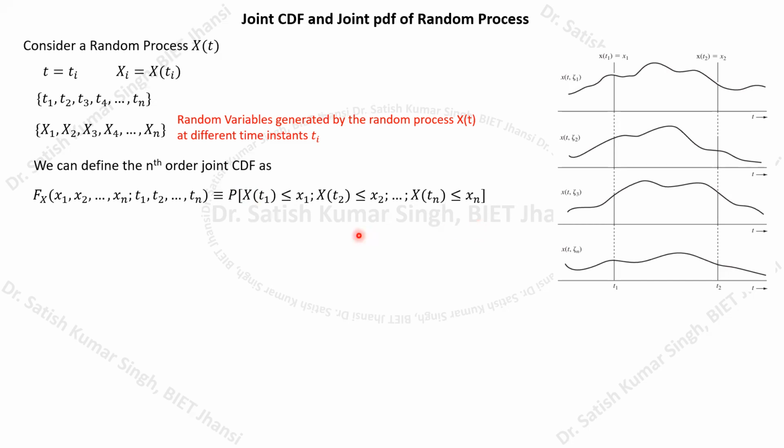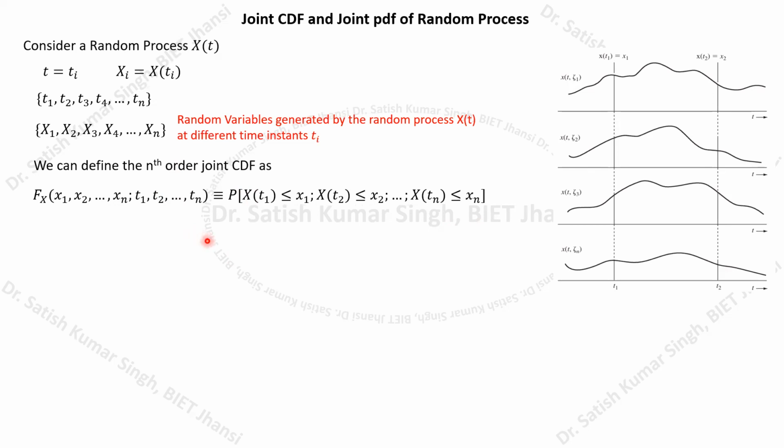As we know, the CDF and the probability density function are related by differentiating the CDF. Because it is an nth order joint CDF, we have to differentiate n times.